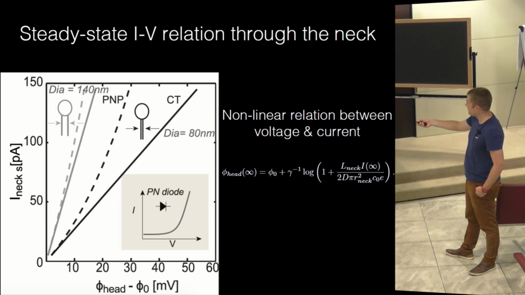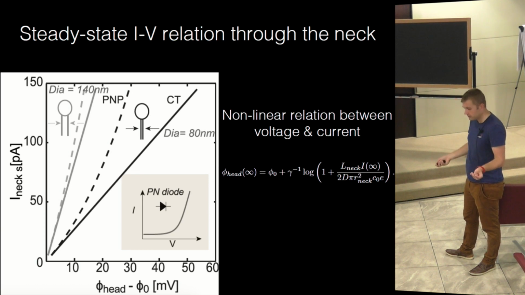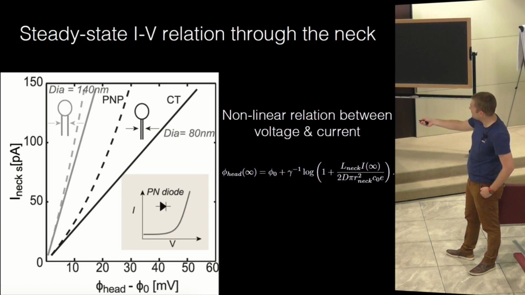And this is a curve that you might have seen on Monday. So this is like the linear voltage equals resistance times intensity, and this is what is predicted by PNP at steady state. Because at steady state you increase the concentration, and the concentration is dependent on the current, and this is a formula.